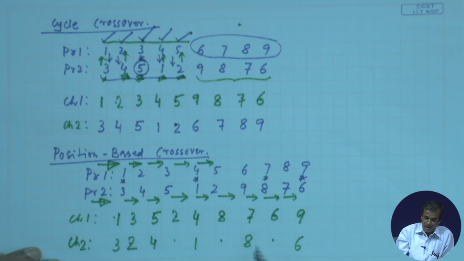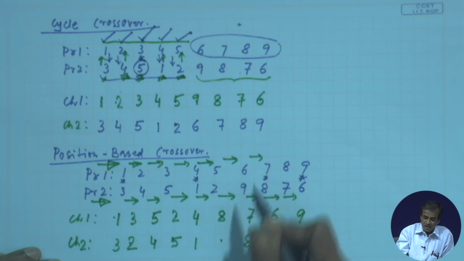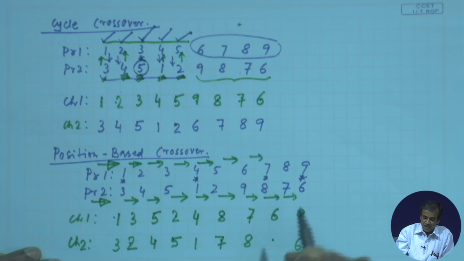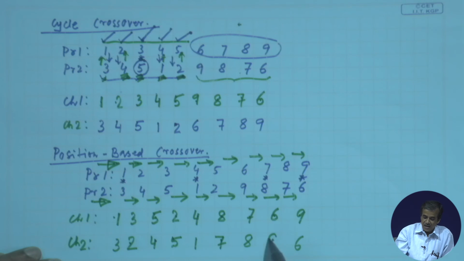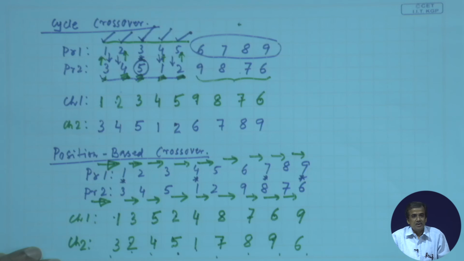Then comes 5, I can select 5 here. Then 6 is already there. Then comes 7, so this is position 7. Then 8 is already there. Then comes 9, so you can put 9 here. And you can check 1, 2, 3, 4, 5, 6, 7, 8, 9. So, all the cities have been selected, and there is no repetition.